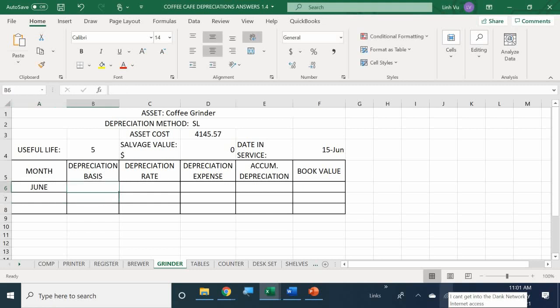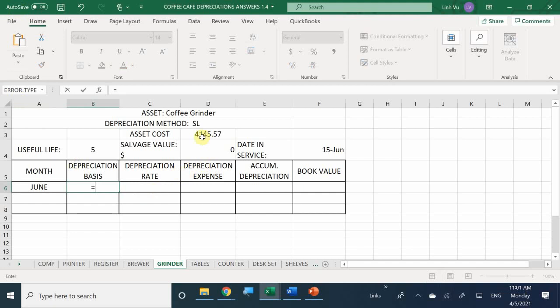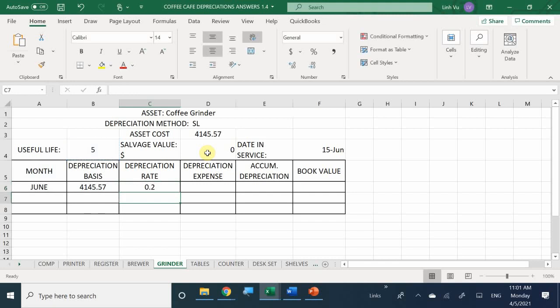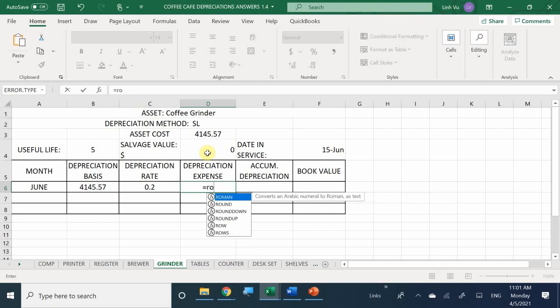Okay. All right, so again, this is a straight line, so the depreciation basis is going to be 4145.57. Okay, good. And the depreciation rate's going to be 0.2. And we need to calculate our monthly. So we're going to take my depreciation basis times the rate divided by 12.